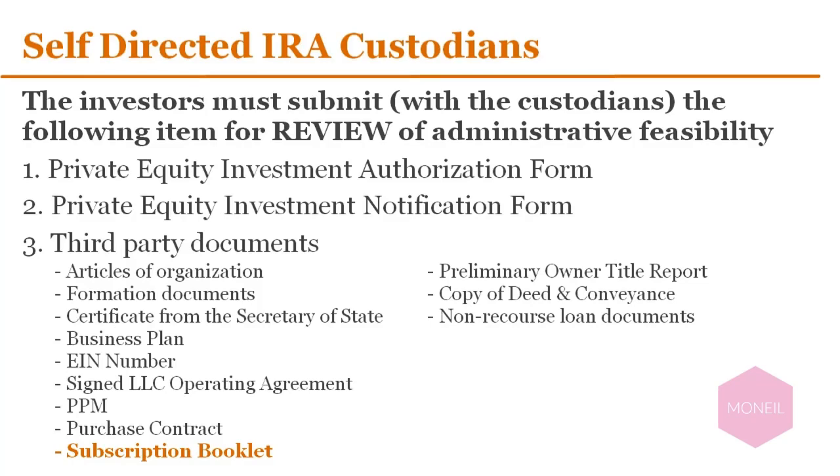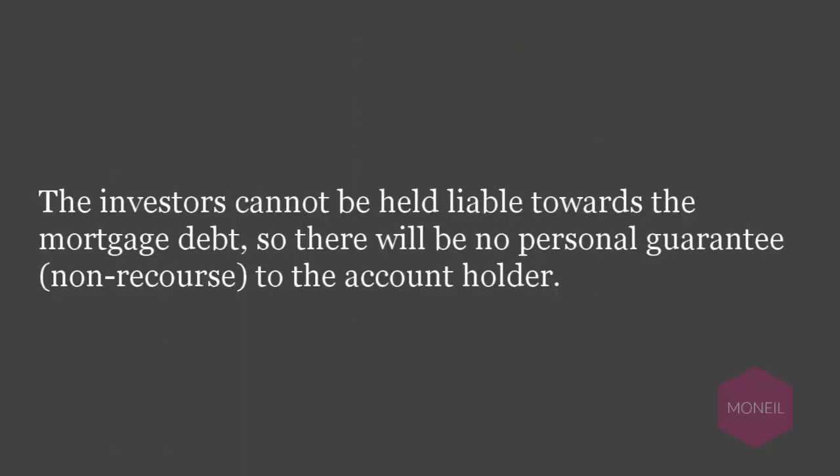Again, the account owner has to have read it and approved it, and the non-recourse loan documents if applicable, because the investors cannot really be on the mortgage or on the loan. It has to be without any obligation on their part that they are investing into your deal.